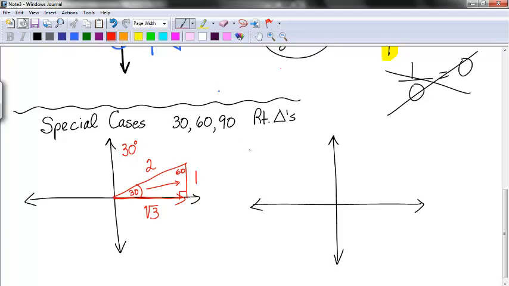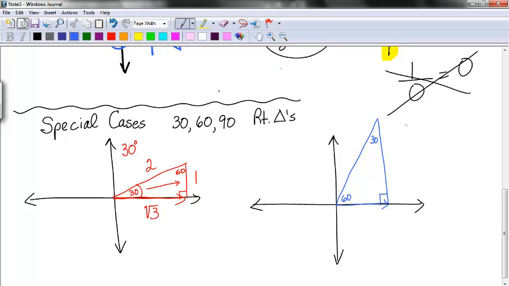Now draw a picture for 60 degrees. You start on the positive side of the x-axis, rotate up about 60 degrees. Notice I don't care about the length, I'm just drawing a sketch. The perpendicular always goes back to the x-axis. This angle inside is 60, so that makes this 30.